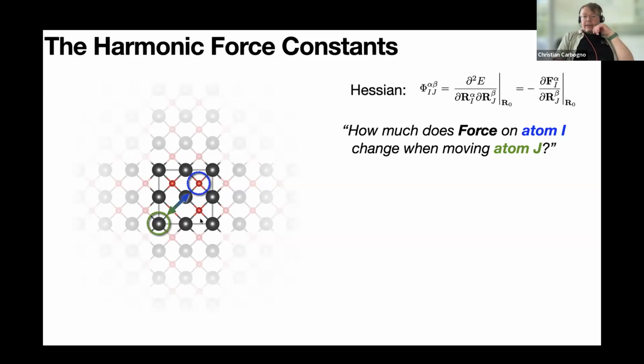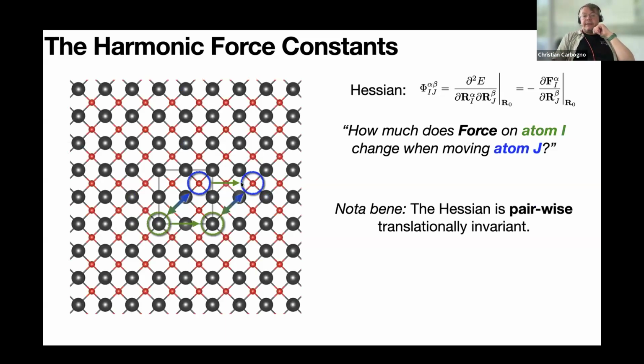So how much would the force acting on this atom here, the blue one, change if I move atom J? One important thing to remember is that the Hessian itself is pairwise translationally symmetric. So if I look at the Hessian for these two atoms, it's the exact same entry as for these two atoms.